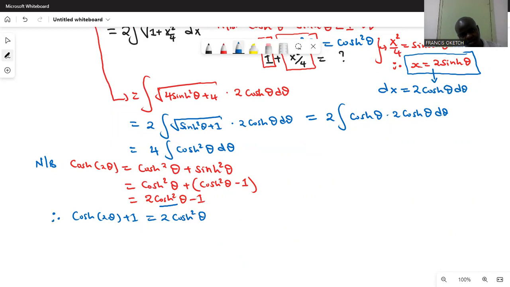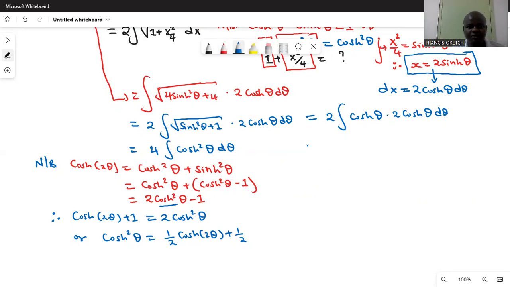So when I divide by 2, I'm going to get cos hyperbolic squared of theta is 1 over 2 cos hyperbolic 2 theta plus 1 over 2. So that's what I'll now integrate.